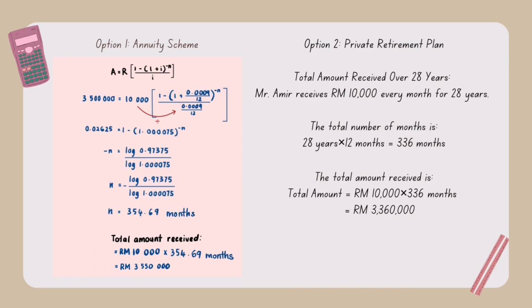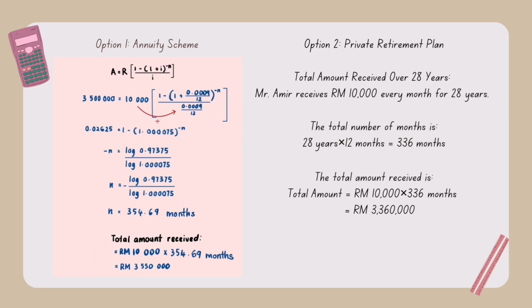So we need to put the power of negative n on the left side, and we will get negative n equals log 0.97375 divided by log 0.000075, and we need to put the negative symbol on the right side. So we will get n equals negative log 0.97375 divided by log 0.000075.